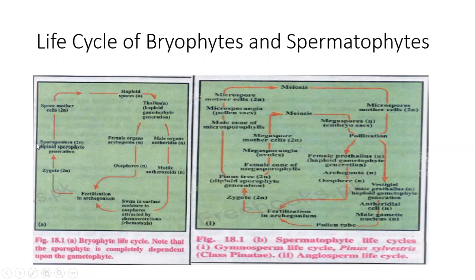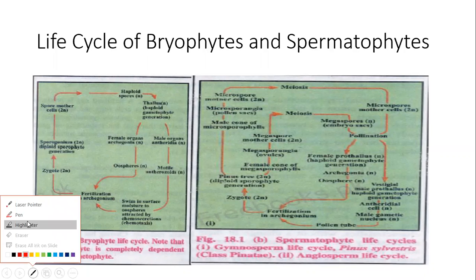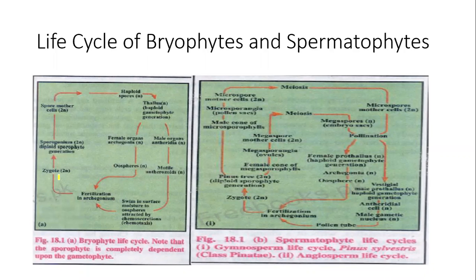it starts from the sporogonium, the diploid sporophyte generation. As you can see, the sporophyte is diploid generation.